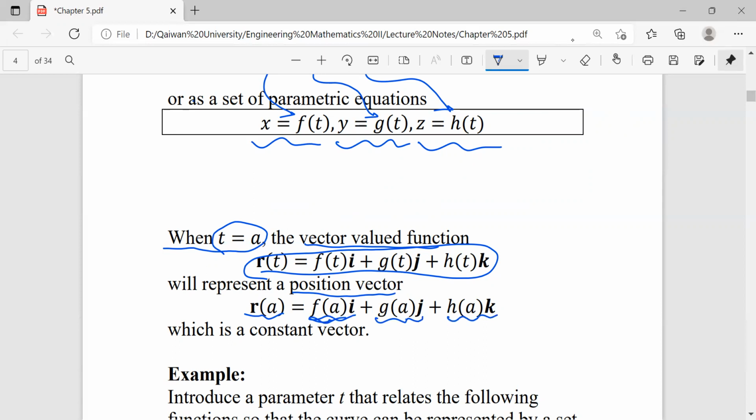All the components here are constants, and this vector is called a position vector. If we replace t by a constant in a vector valued function, we get a position vector, which is also a constant vector, because here we have no parameters. We have only constants for each component.